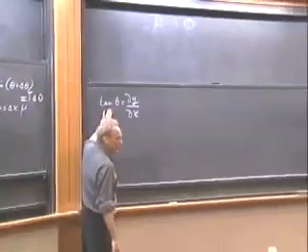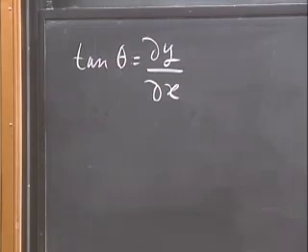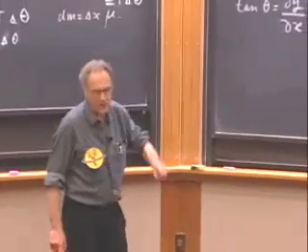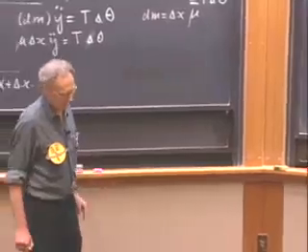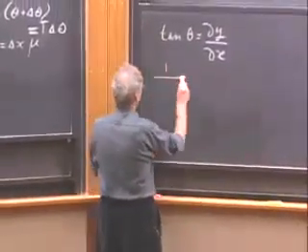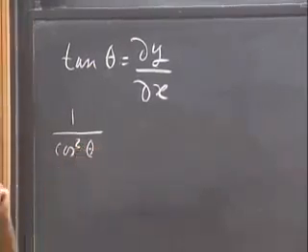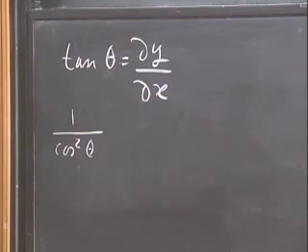I take the derivative on this side and on this side in x. So the left side, I take d tangent theta dx, and I do it on the right side. Now the derivative of the tangent of theta, of the function, is 1 over the cosine squared of theta. That can't take you more than 20 seconds to confirm that. You can do that in many different ways.